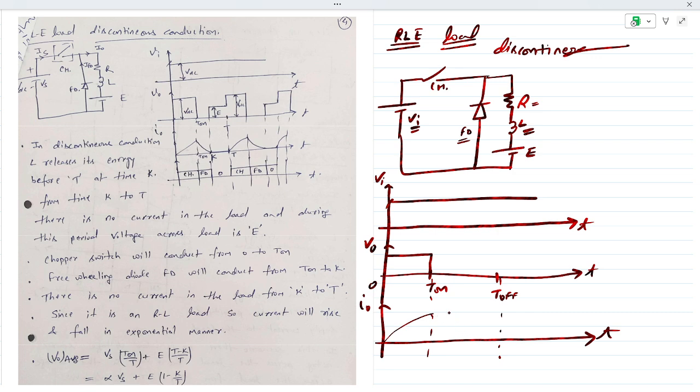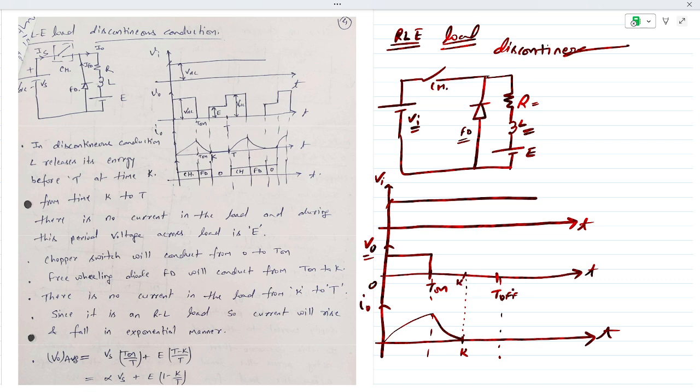So let's say this L has a small amount of energy stored in it, and that will discharge within this time. Let's say this is some moment K. So what will happen from here to here? What is the voltage across the load from this K point?